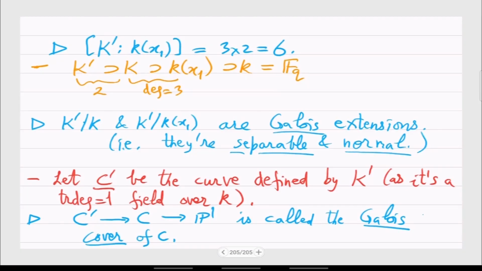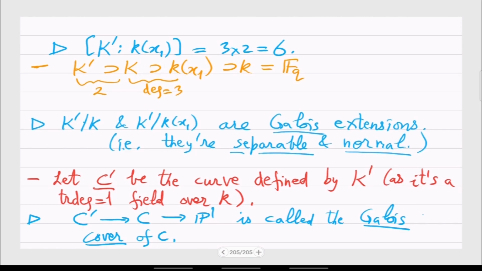So when you fix x2, there is a corresponding point in C. We don't know how many, maybe only 1 point is there. And now that 1 point will open up to 3. So 3 are mapping to 1 and 1 is mapping to 1. This is the generic picture. But there can also be 1 mapping to 2 and those 2 also to 3. Those are exceptions, and we will show that they are very small in number. So the generic situation is 3 mapping to 1 mapping to 1.